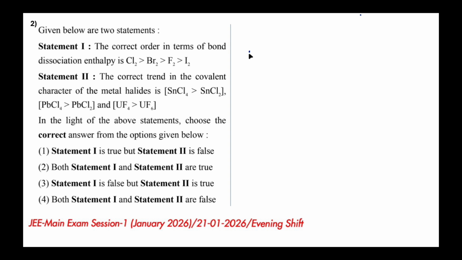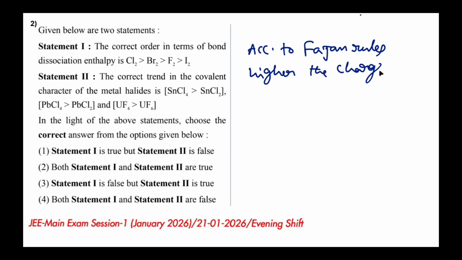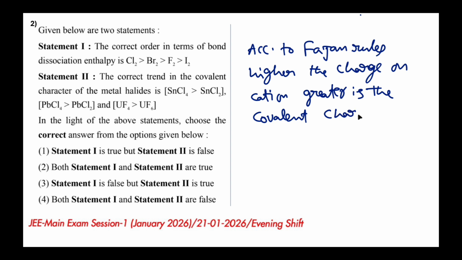We know very well, according to Fajans' rules, the higher the charge on the cation, the greater the covalent character.